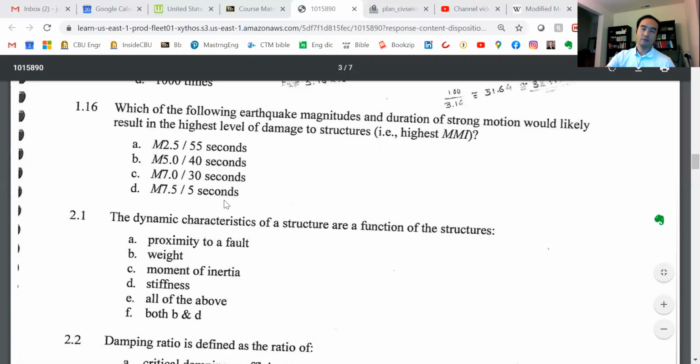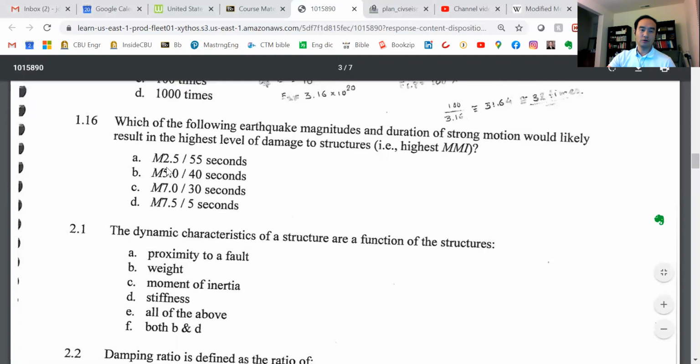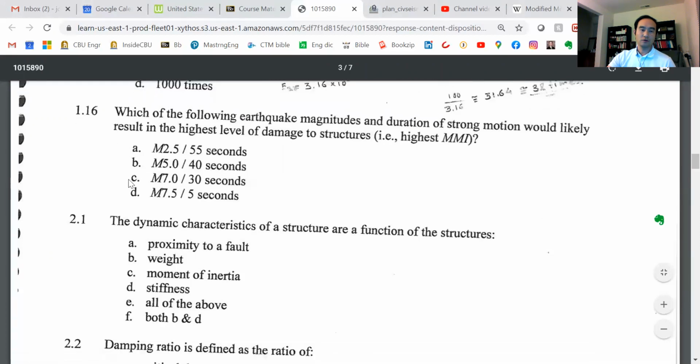So we have to think about not only just the magnitude of the earthquake, but also the duration. So I would say the 2.5, 5.0, these are too small, right? So I'm gonna erase these two answers. So let's just focus on these two choices at the bottom, the C and D.